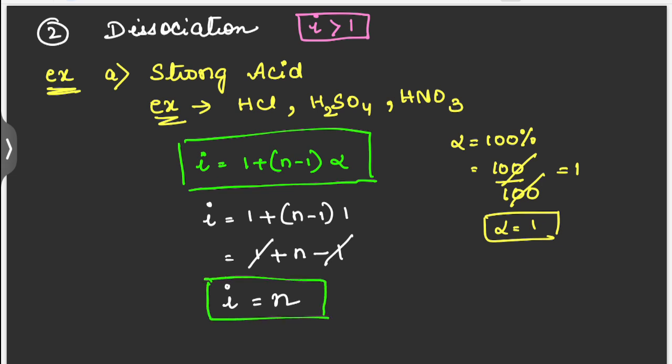So what is the exact value of i then? Let us take the example of these acids and find the value of i. Remember, i value is equal to n for strong electrolyte. Here we have taken strong acid. Now we will take some examples of strong acid.